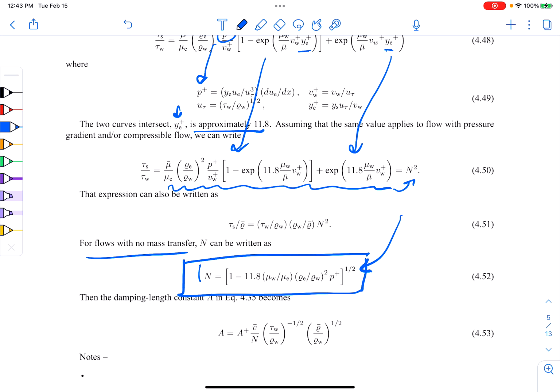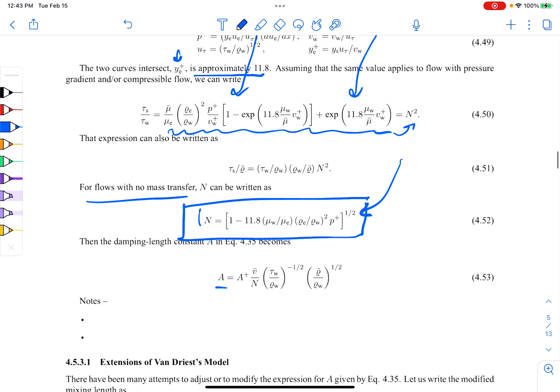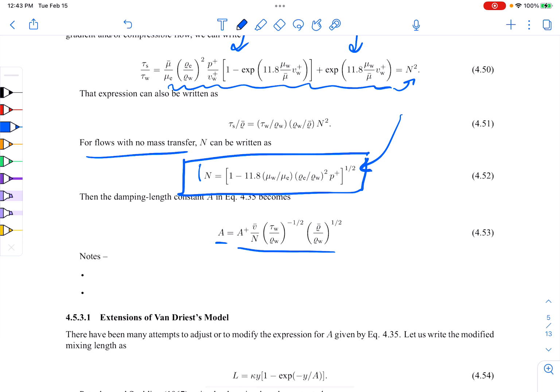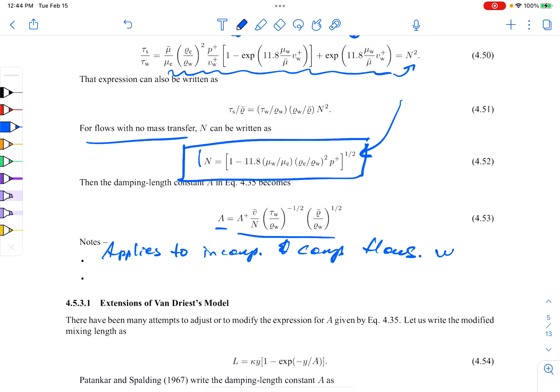Now, in these equations, there's this factor a way back in the original Van Driest model that he's going to modify with this right-hand side term. And there's some quick notes about this term before we get to the next section, that all this analysis applies to incompressible and compressible flows with heat transfer.